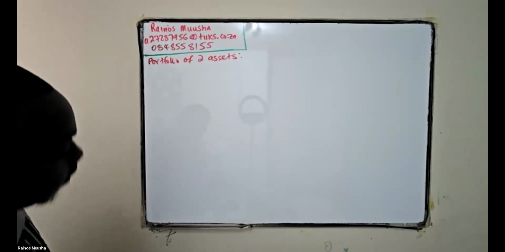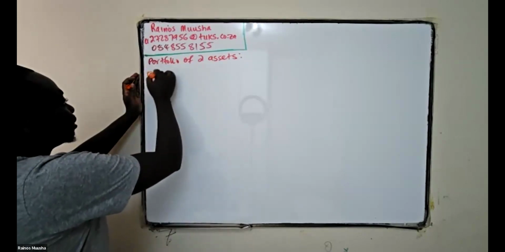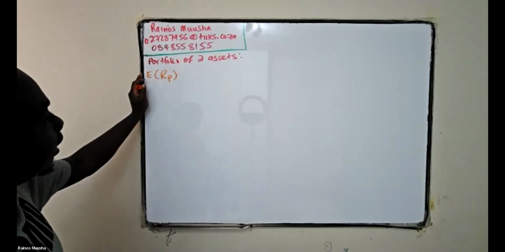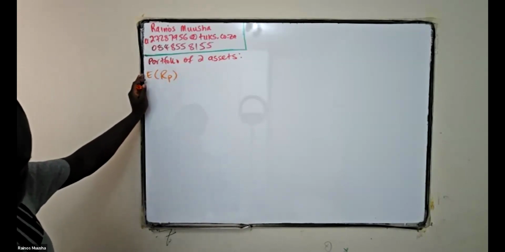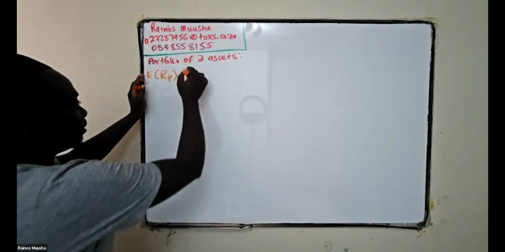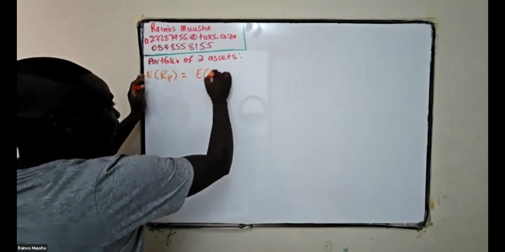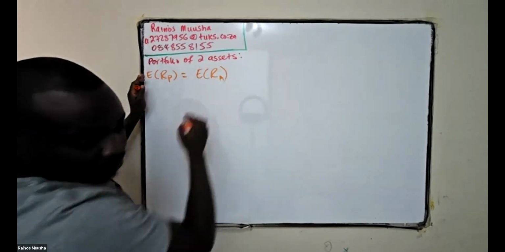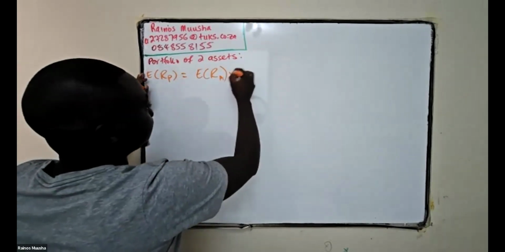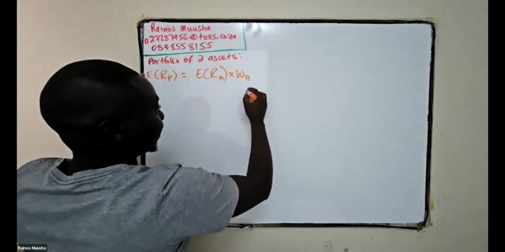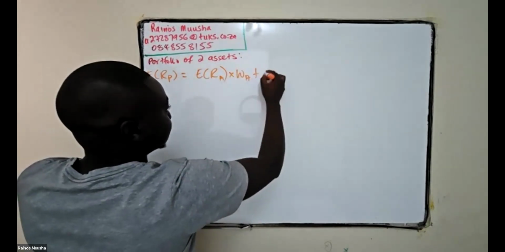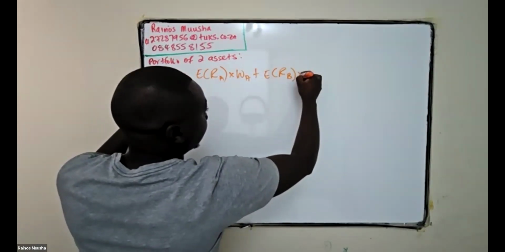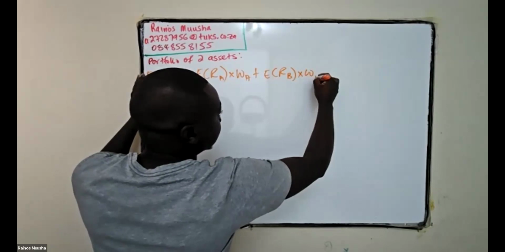So the expected return of a portfolio is given as the expected return of asset A multiplied by the weight of asset A, plus the expected return of asset B multiplied by the weight of asset B.